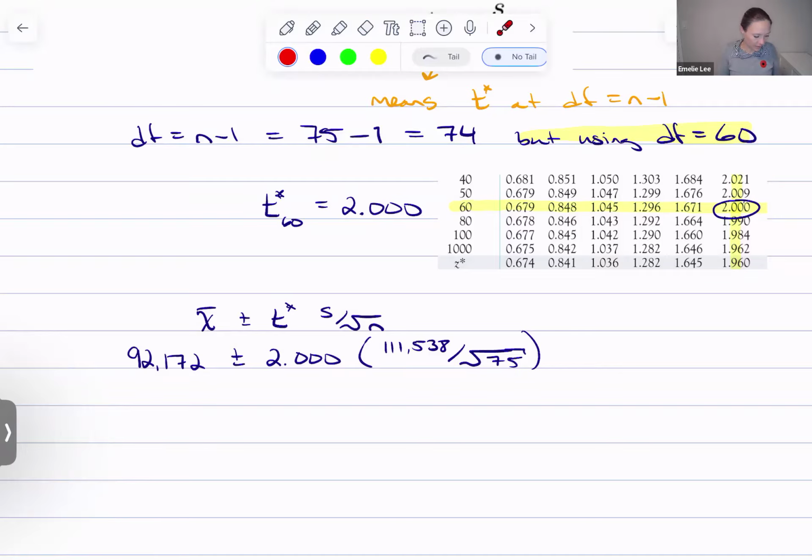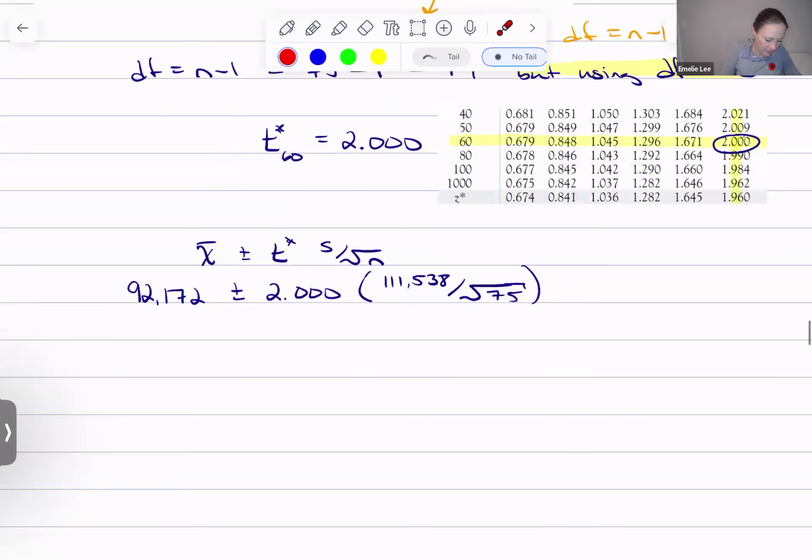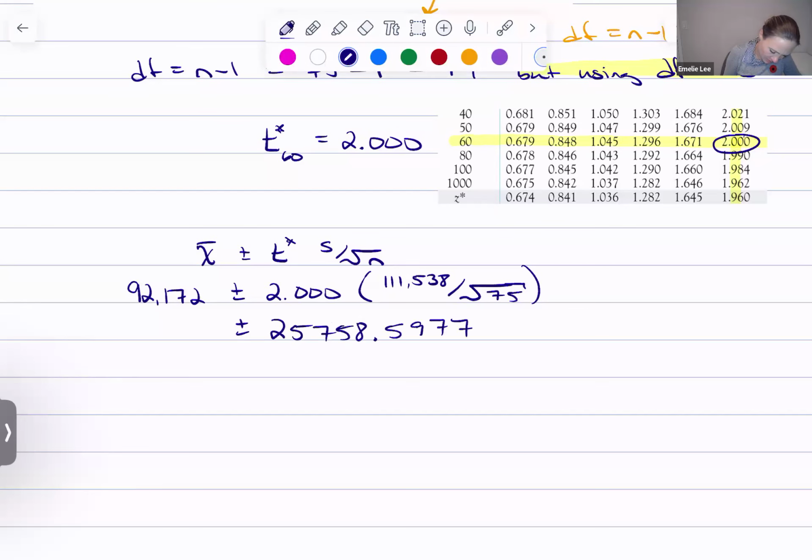Let's see here. 111,538 divided by the root of 75 times 2. Let's just go for the margin of error right away. 25,758.59773.